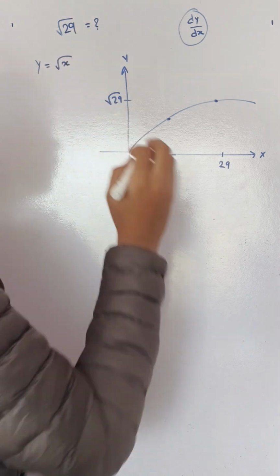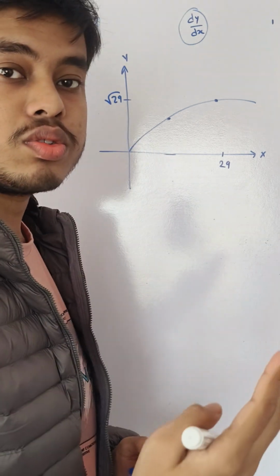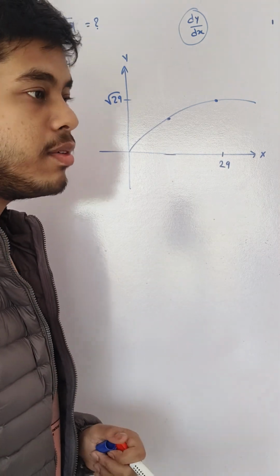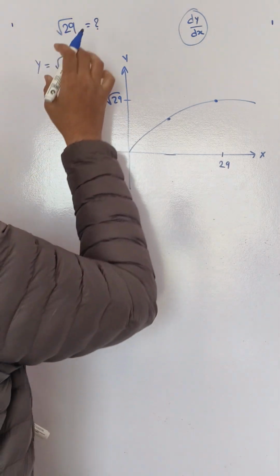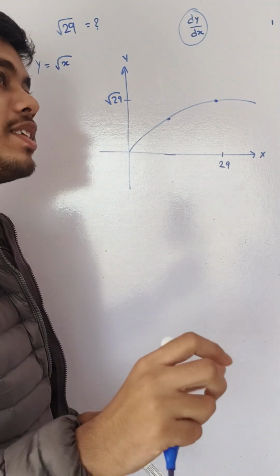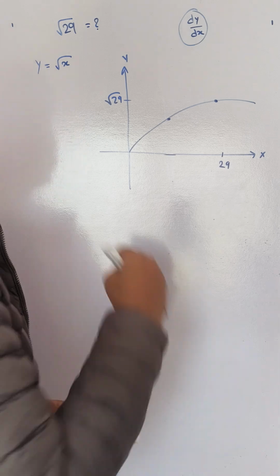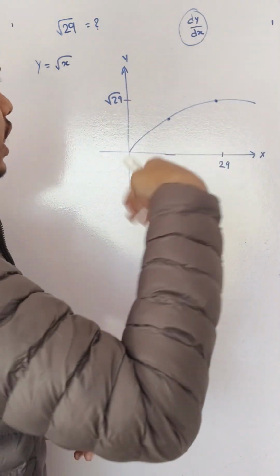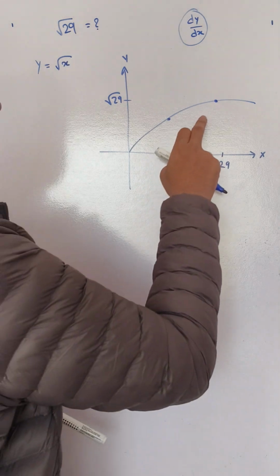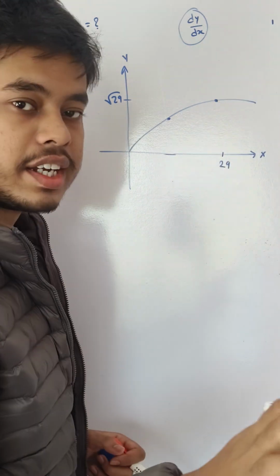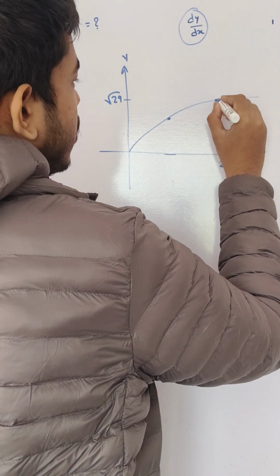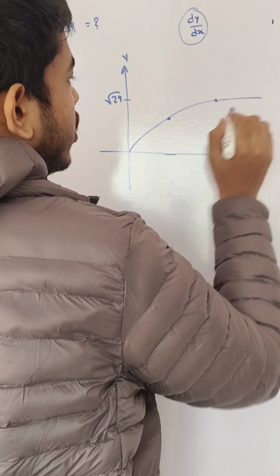So what is the value which is very close to root over 29 and we can calculate its value? Root over 25 is 5 and before that root over 16 is 4. We cannot take a value more than 29, because that will take this value over here and it will go negative.